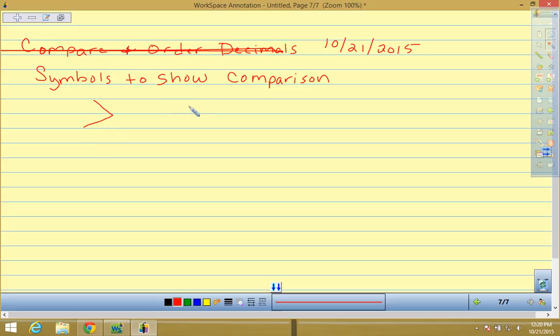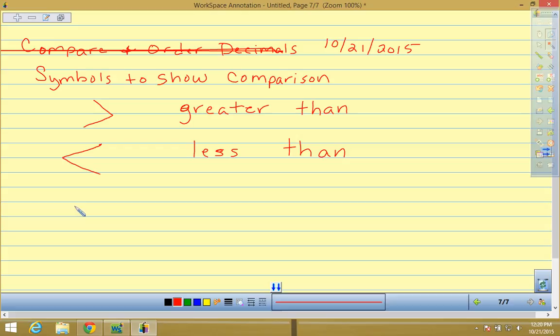Make sure that you're writing this down. This is in your notes. Greater than. And you have the less than symbol. And then we have what?